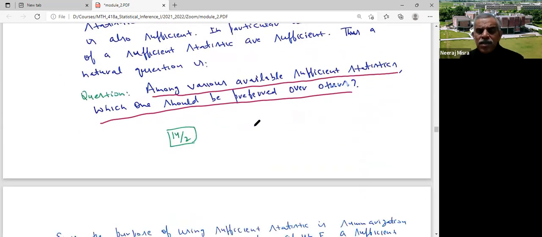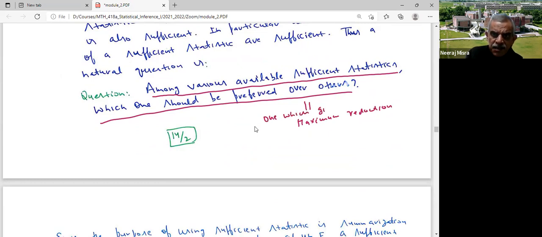So I should prefer that sufficient statistic which gives me the maximum reduction of the data.